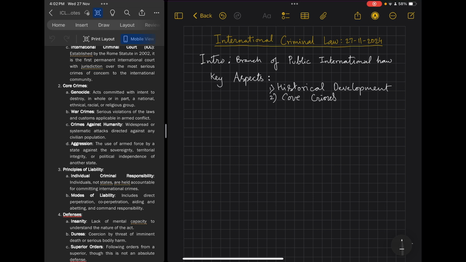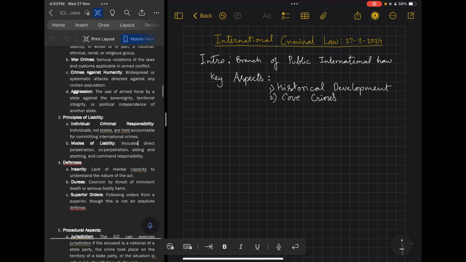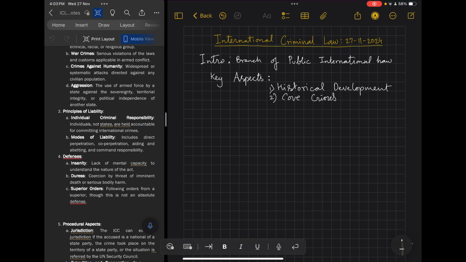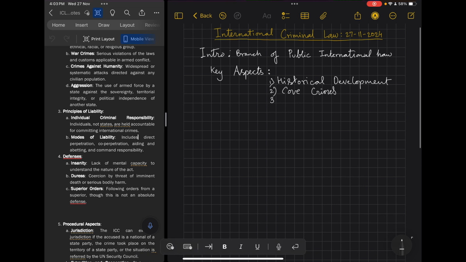Crimes against humanity, widespread or systematic attacks directed against any civilian population. And then fourth is aggression, the use of armed force by a state against the sovereignty, territorial integrity, or political independence of another state. Got it.